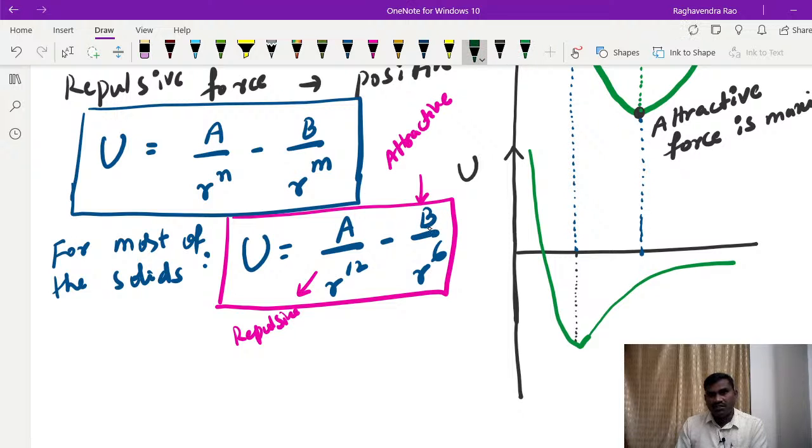This is the potential energy graph. This is the separation between the two atoms. Here you see the point where potential energy is becoming maximum.